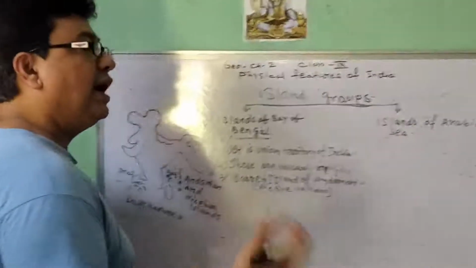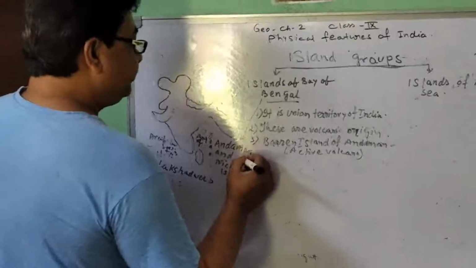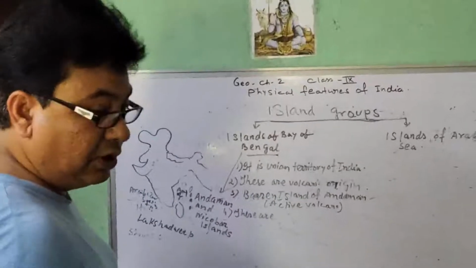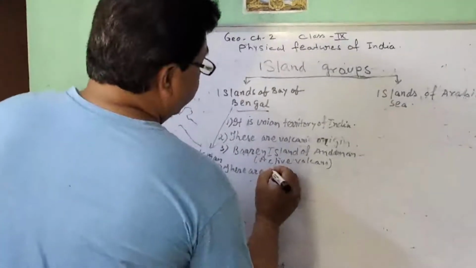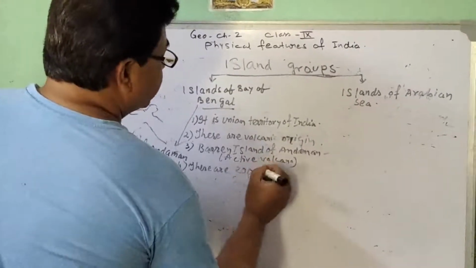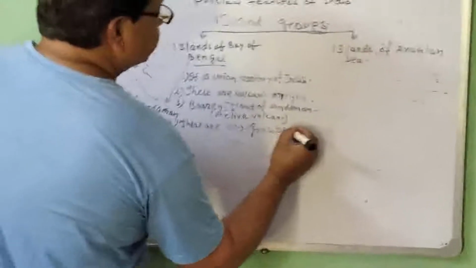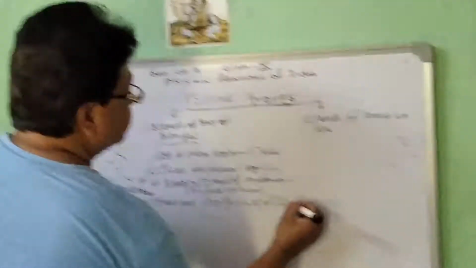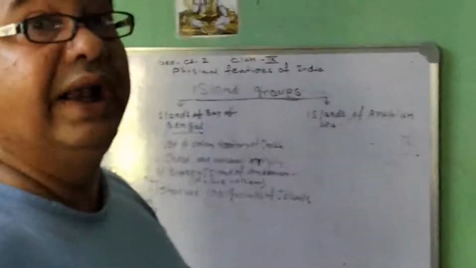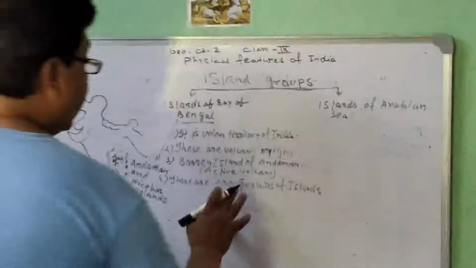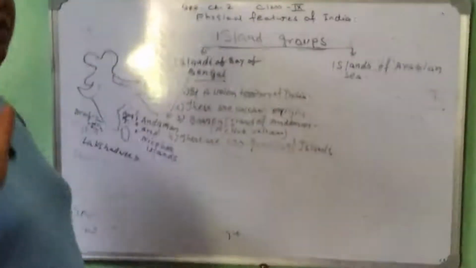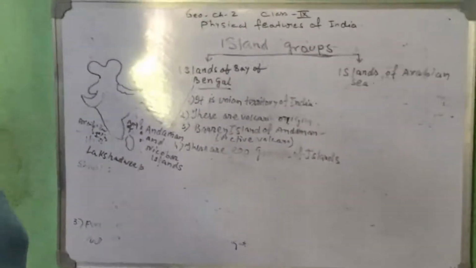So, how many islands are there? There are approximately 200 islands, not groups. 200 islands can be seen over there, but not all are inhabited.